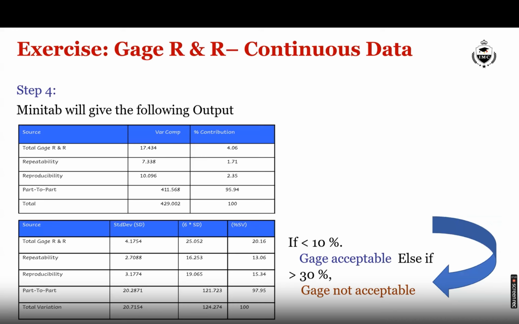So we have to take a call whether to accept or not accept. Similarly, repeatability and reproducibility are around 13 and 15 point something percent, which is also within the 10 to 30% range. So a decision has to be taken whether to go with this or not.